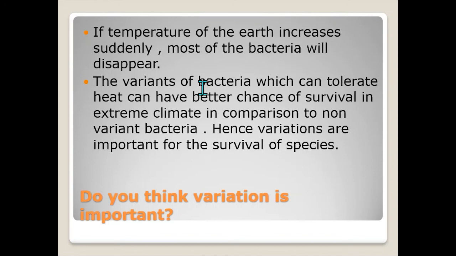Let us see, if the temperature of the earth increases suddenly, what happens? All the non-variant bacteria which cannot tolerate the high temperature will disappear. Only those variants of bacteria which can tolerate heat have a better chance of survival in extreme climate compared to the non-variant bacteria.